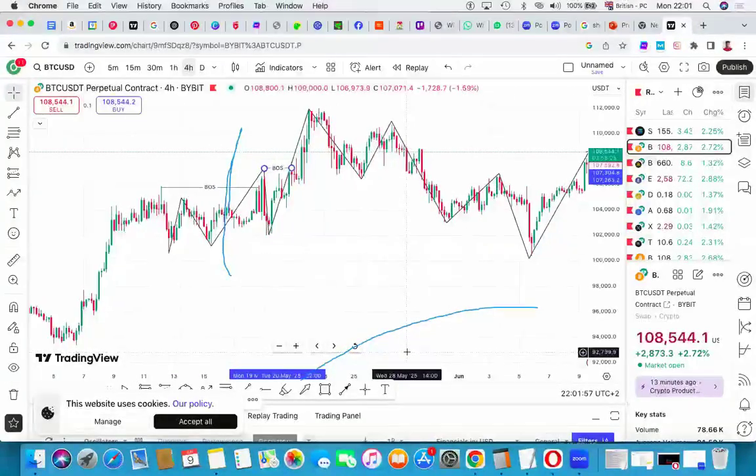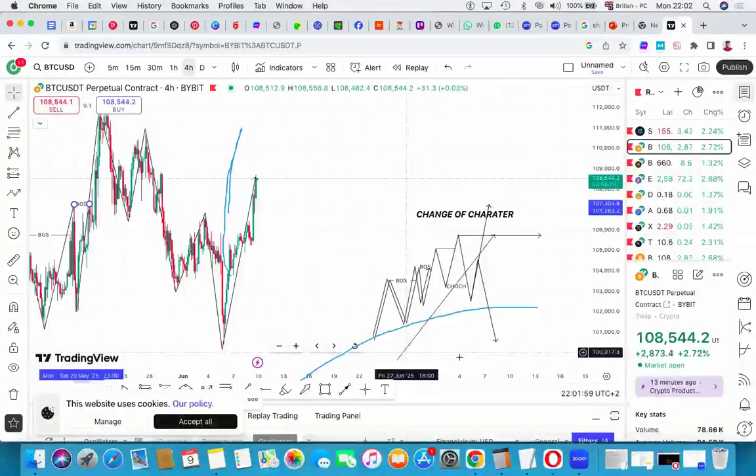So from the illustration I gave you, I'm not doing anything different from what I just explained. We have multiple breaks of structure: an impulsive move to the upside, a pullback leg to the downside, the market breaking structure and creating a new high. So the market is creating higher highs and higher lows in an uptrend scenario.